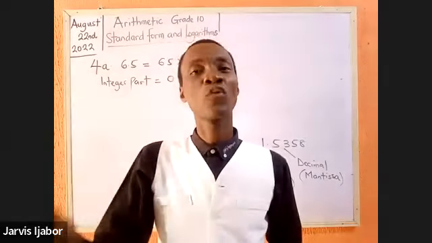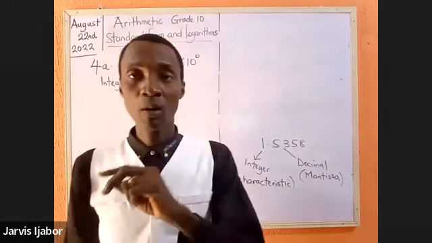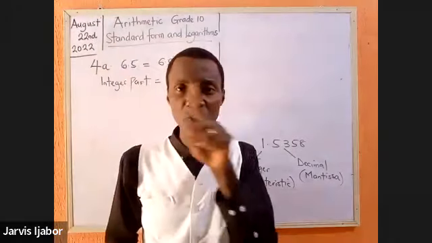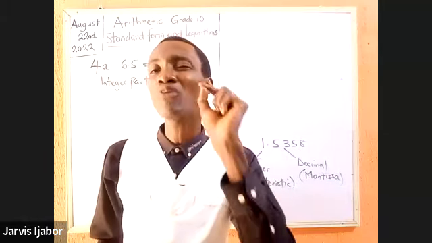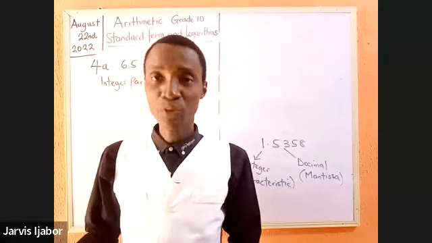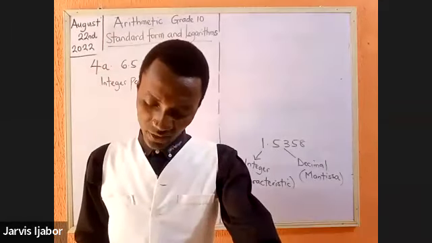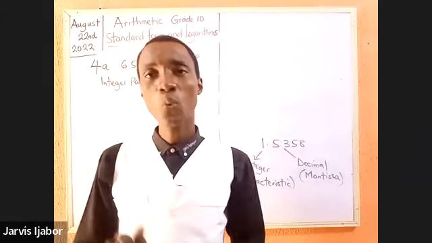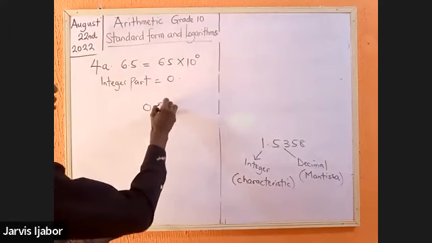It means you need to go to your four-figure table and check for 6.5. We said that when you're checking your four-figure table, use the first 2 digits. So 6.5 means you're going to check 65 under 0. If you check your four-figure table, 65 under 0 will be 8129, which will be 0.8129.